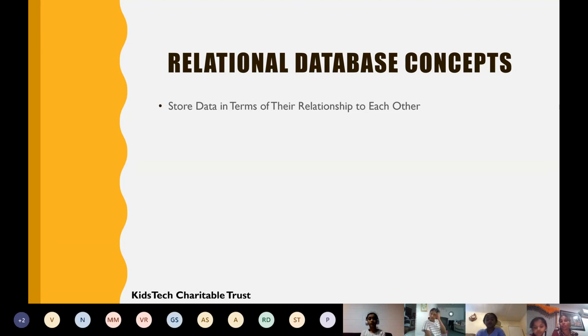And what is a table? Can anyone tell? A table is where you collect data. You are half correct. You can put it into columns as well to label the data. Well done.